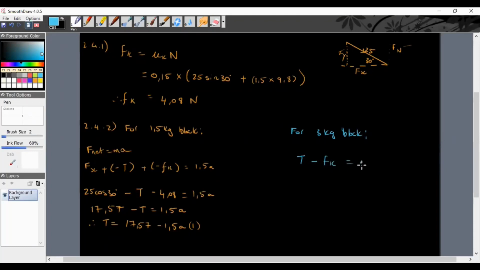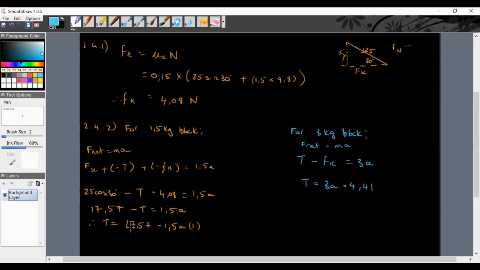That's all equal to MA, because F net is equal to mass times acceleration, which is 3A. So T is equal to 3A minus the force of friction for the 3 kg block, which was 4.41.